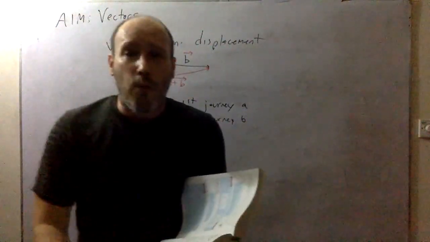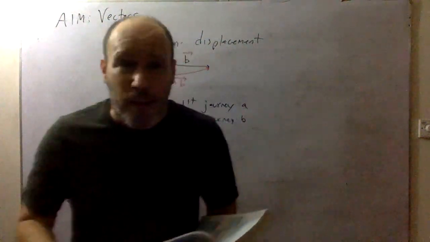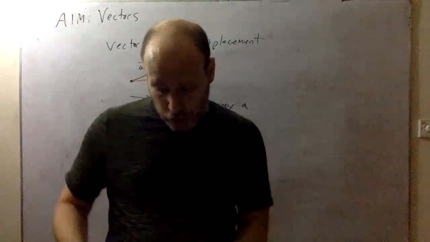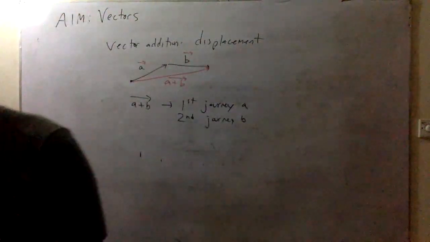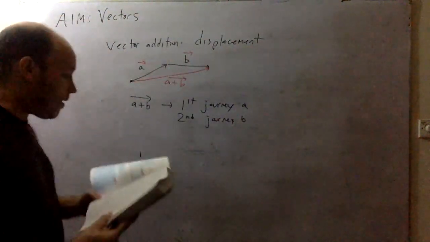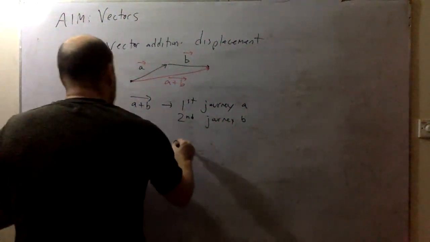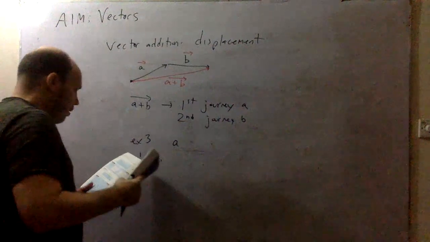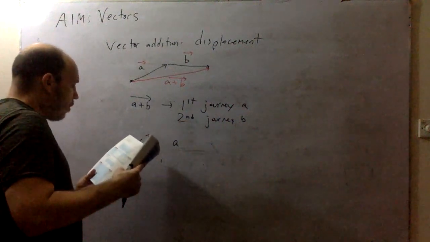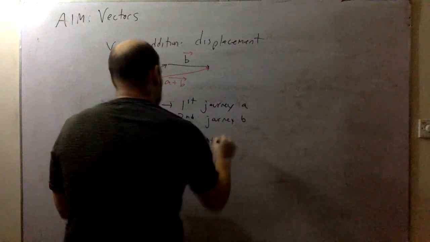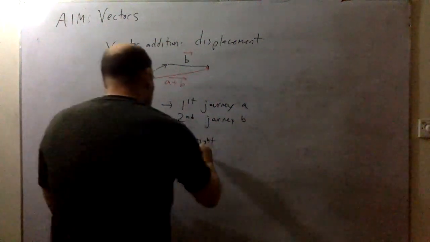Now you can see that we're starting to put our journeys on graph paper. The journey is a change in X and a change in Y. In example 3, A, you can see the changes: 3 to the right and 4 up.